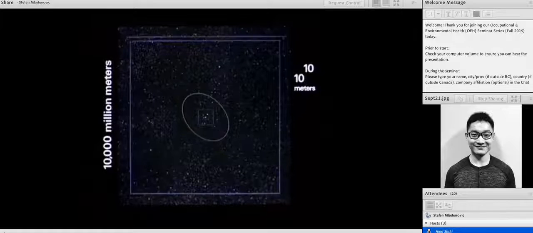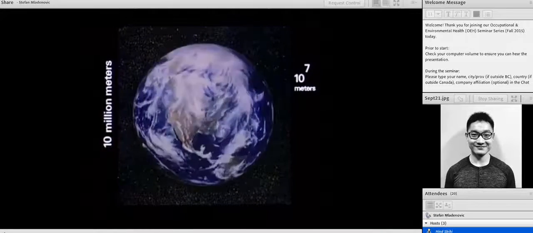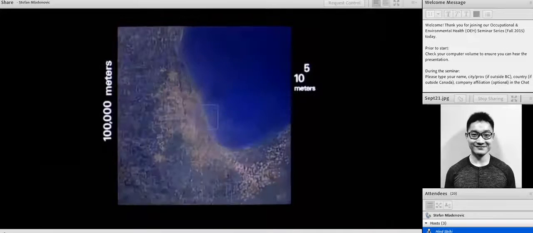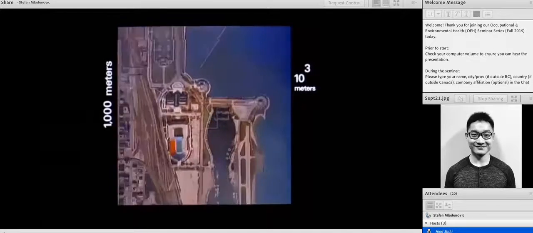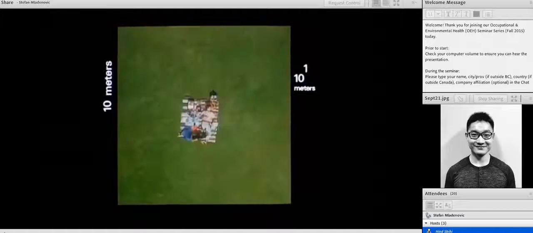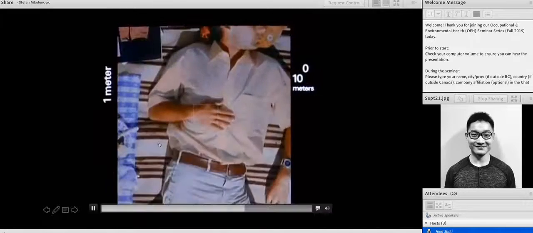Ten to the 9th meters, 10 to the 8th, 7, 6, 5, 4, 3, 2, 1. We are back at our starting point. We slow up at 1 meter, 10 to the 0.